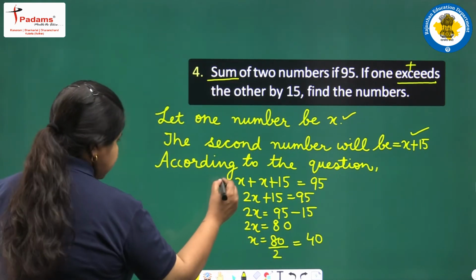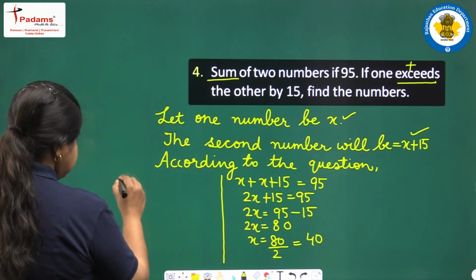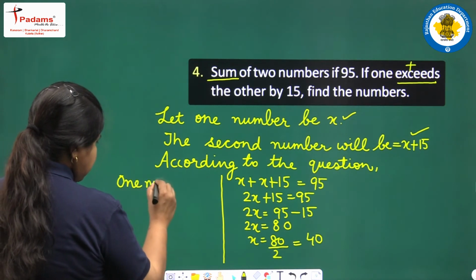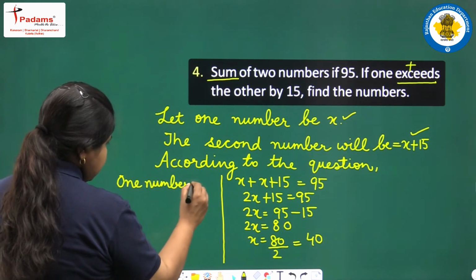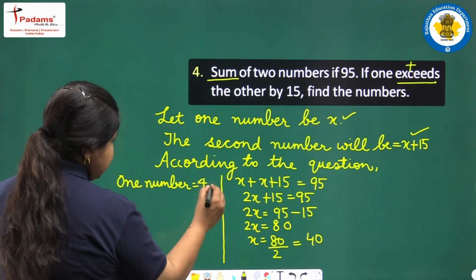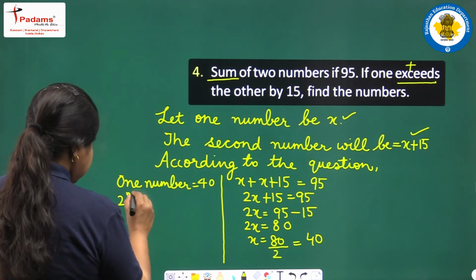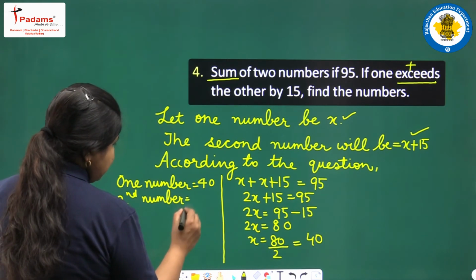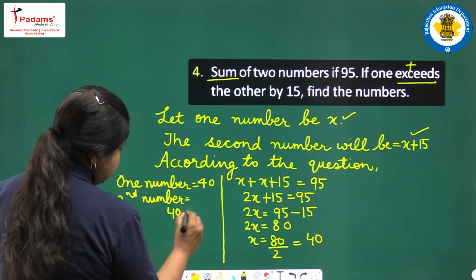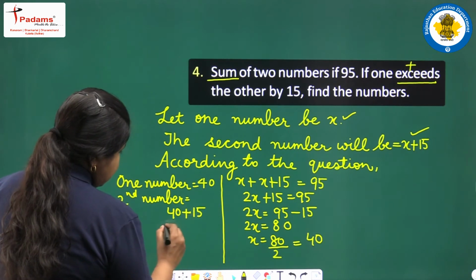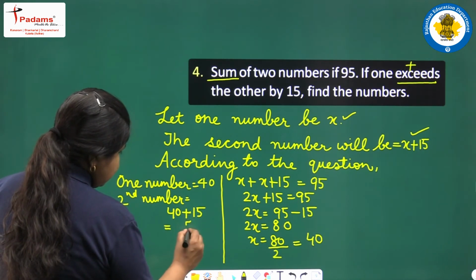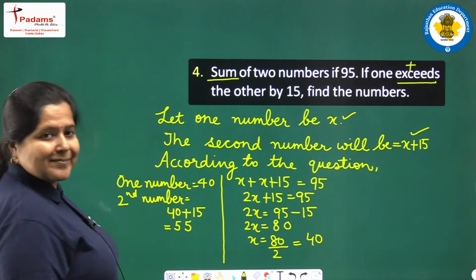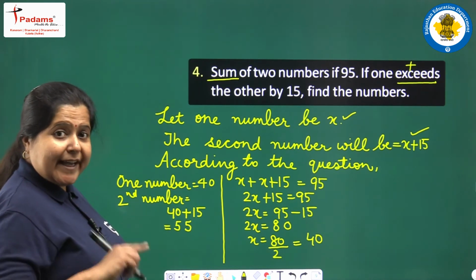So we can easily write the answer here. One number is equal to 40 and the second number, this is equal to 40 plus 15 equal to 55. Clear?